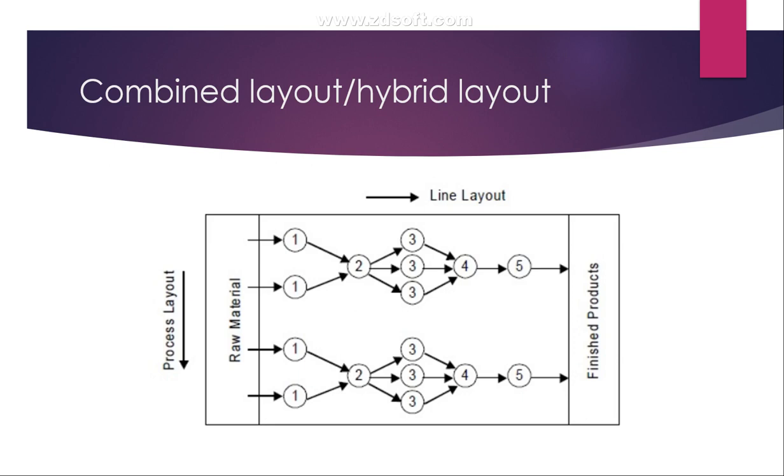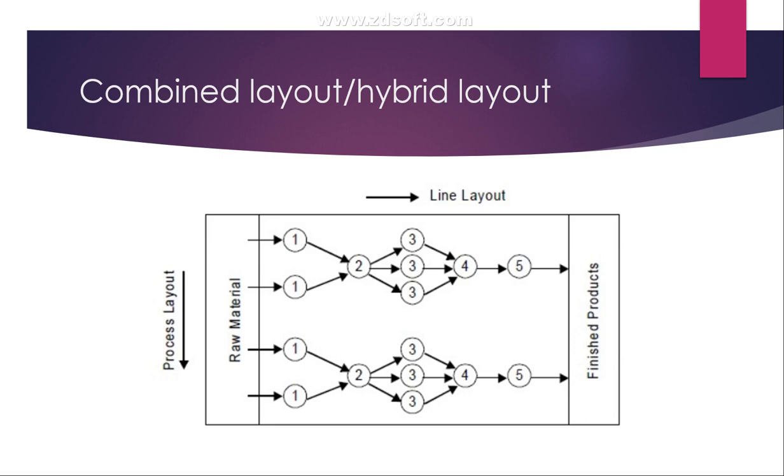Moving ahead, in the second stage of the product line, we have 1 workstation organized. Moving ahead, we have 3 different workstations organized at the third stage, and then the fourth is 1 single assembly line, and then the fifth. So we get the finished product. Here we can see the process layout as well as the product layout.